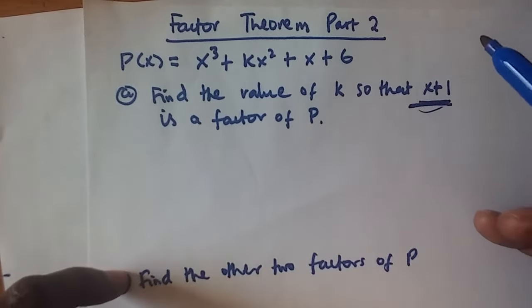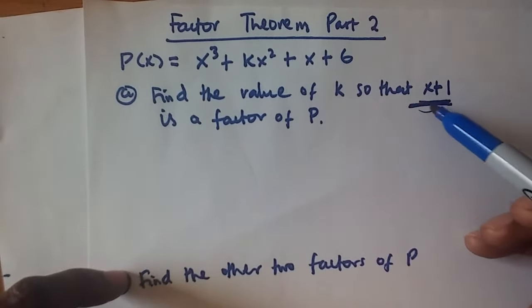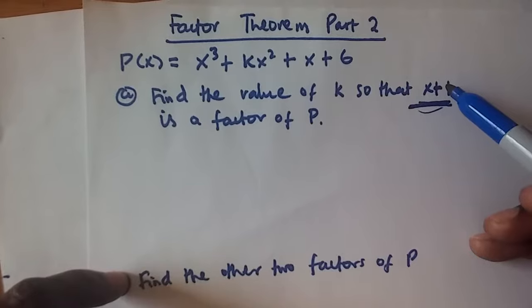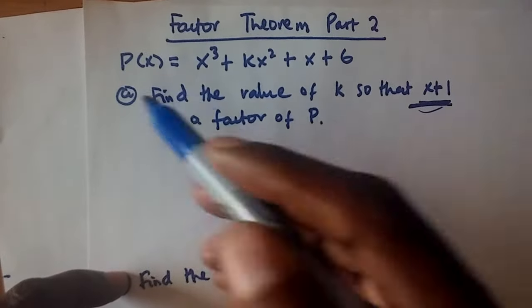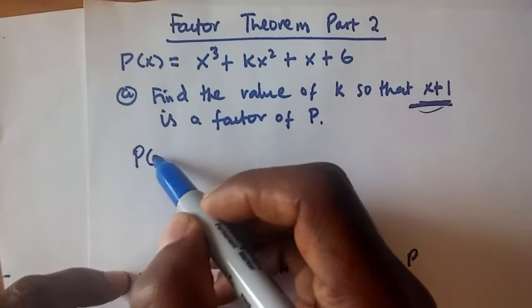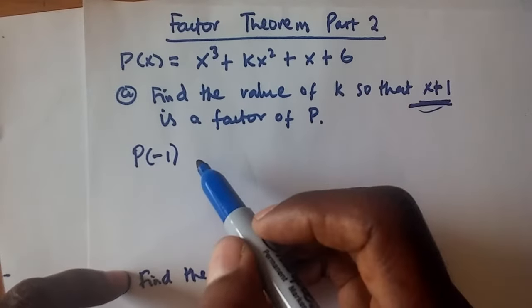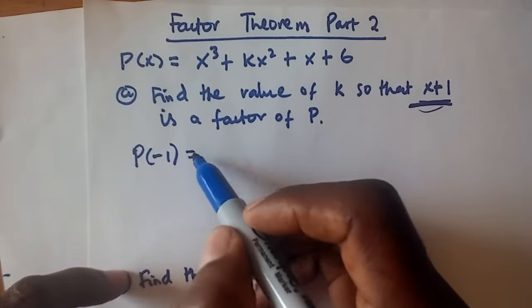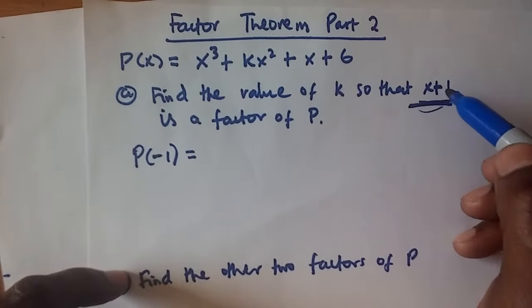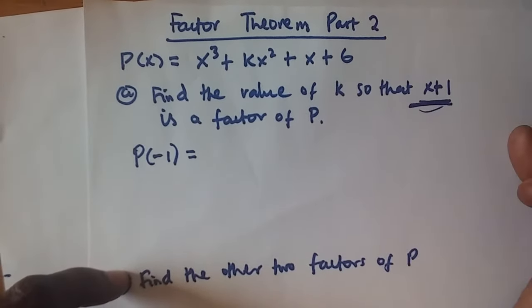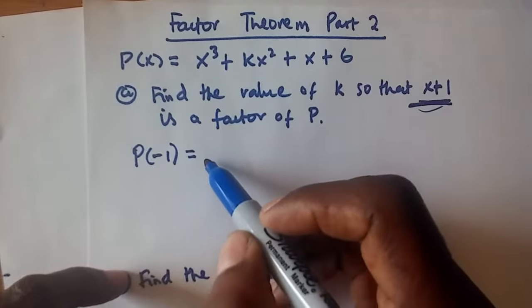However, we're starting with the premise that x plus 1 is a factor, so we need to find p of negative 1 and then set that to 0 because we know it's a factor. It's 0 because there's no remainder. So let's do p of negative 1.